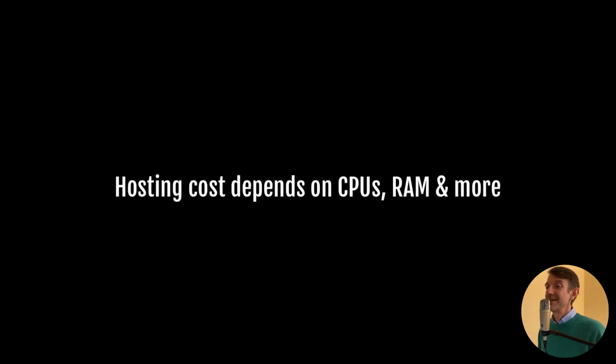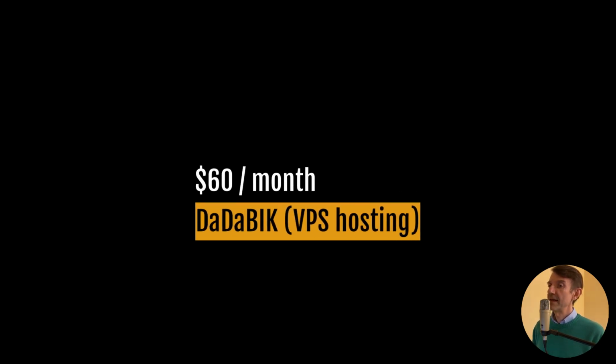The monthly cost of a managed VPS typically depends on its technical characteristics, mainly the number of CPU and the amount of RAM. I don't want to advertise any specific hosting provider in this video, but a VPS running Linux with 4 GB of RAM and 4 CPU may cost around $60 per month, and that kind of VPS would be definitely more than enough for the application we built.